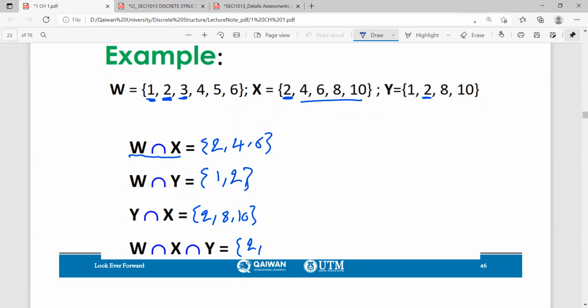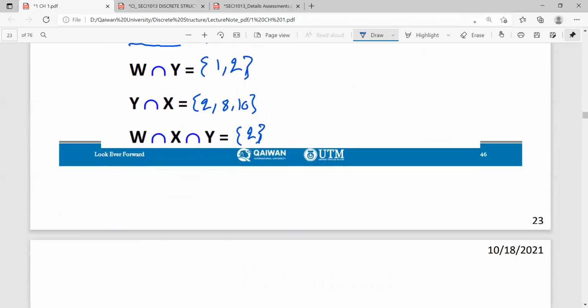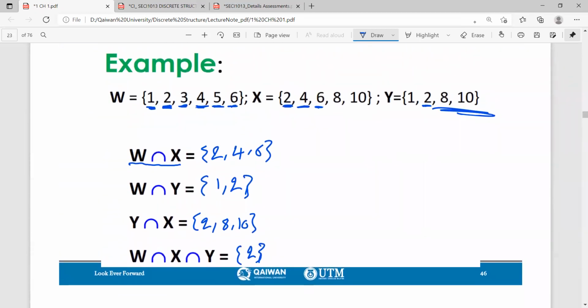We don't care about the other. We just ignore it. 4, we have 4 here, you have it here, and you have not here. So you don't write down 4 also, because it's only in 2 of the sets. It's not in all the sets. 5, we have no 5 in the other sets. 6, we have 6 here, we have not here. So that's all. We have only 2 as the intersection of W, X, and Y. So the intersection of W, X, and Y is only 2.